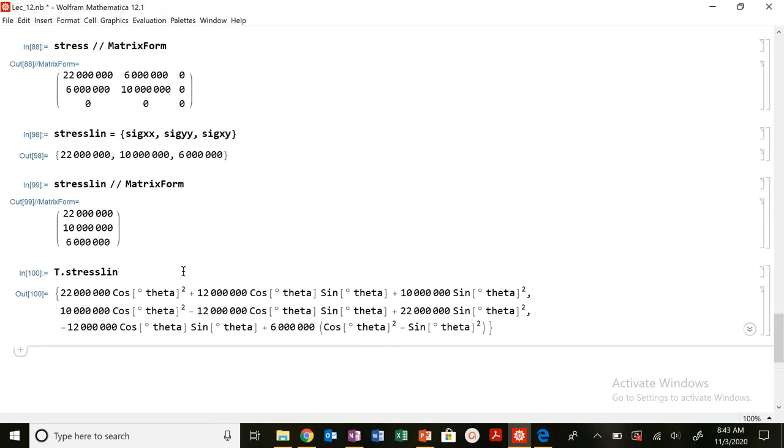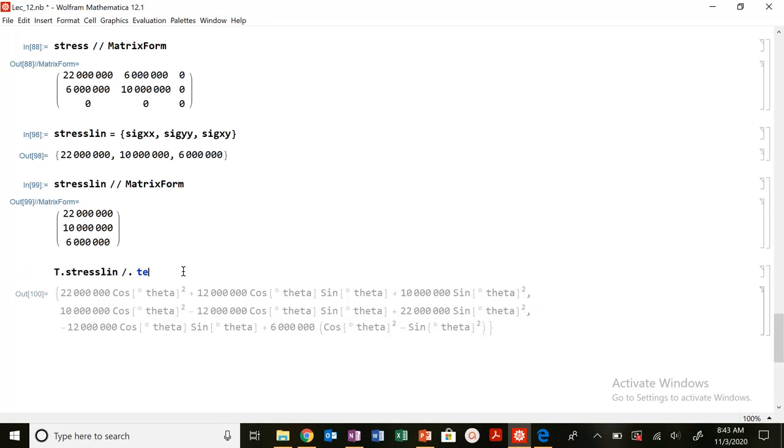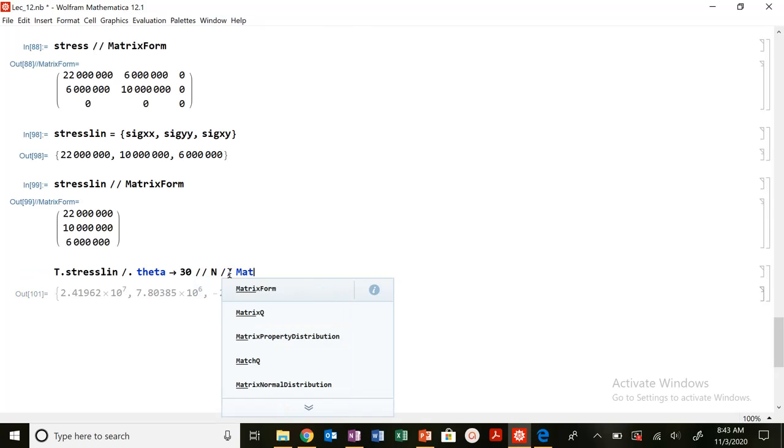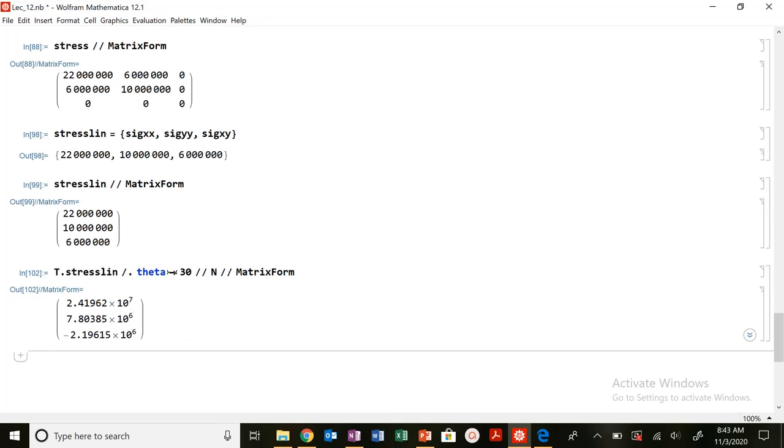I have this, and then I'm going to substitute, slash dot, theta goes to 30, because we're counterclockwise, so positive. I want to look at it in matrix form, and this is what I get.